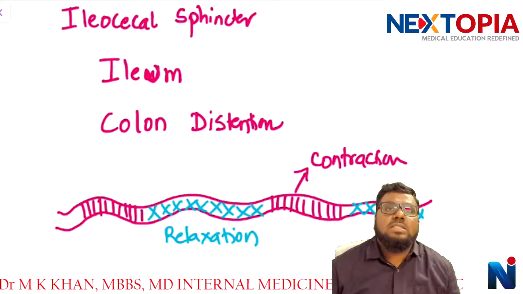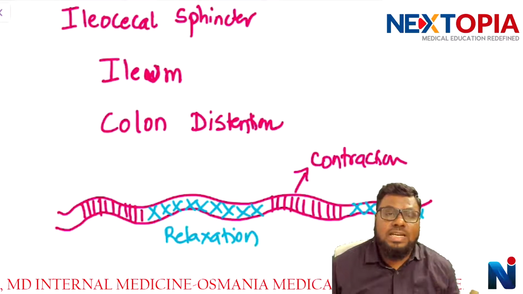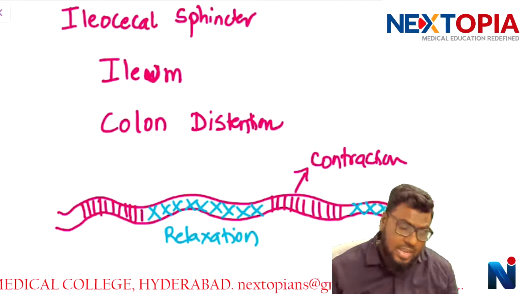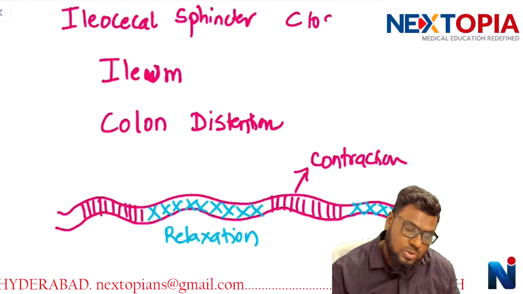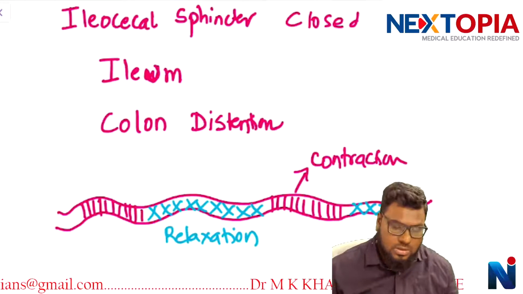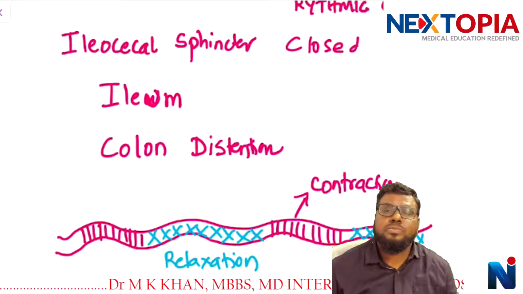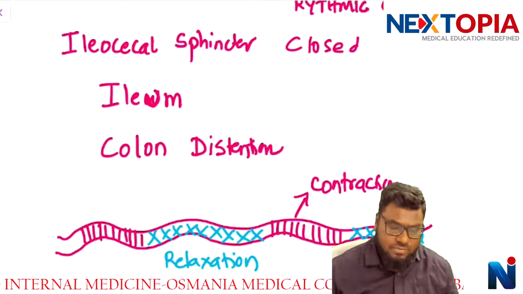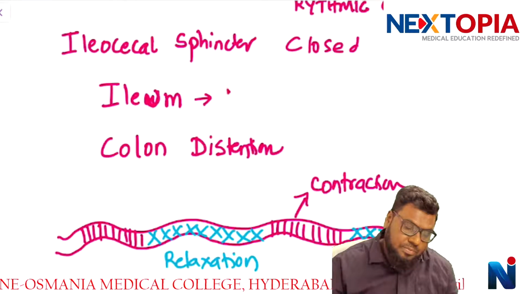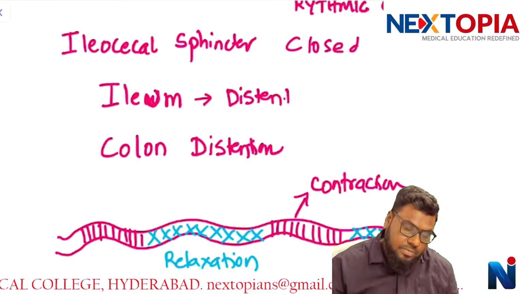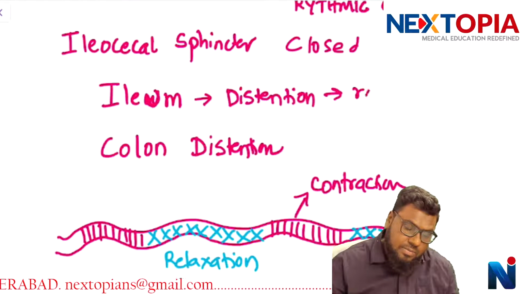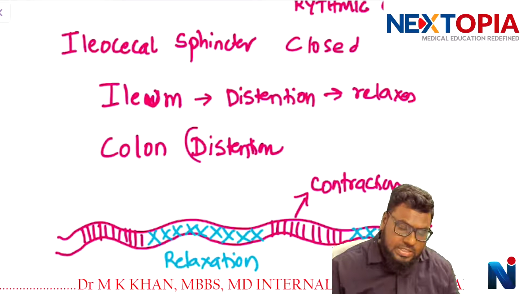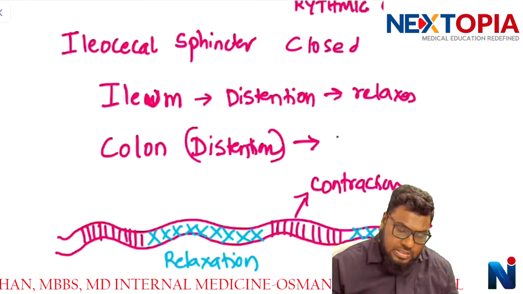The ileocecal junction or ileocecal sphincter is exactly in between the small intestine and the large intestine, and it is kept closed. The ileum, whenever it distends, creates a muscular wave, and the distension of the ileum relaxes the sphincter. The colon distension results in constriction of the sphincter.